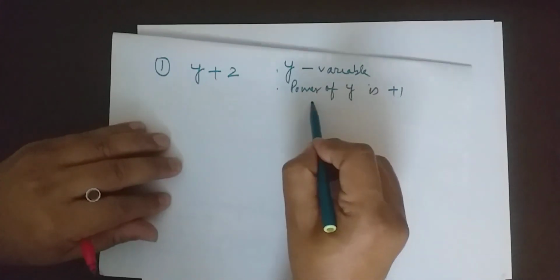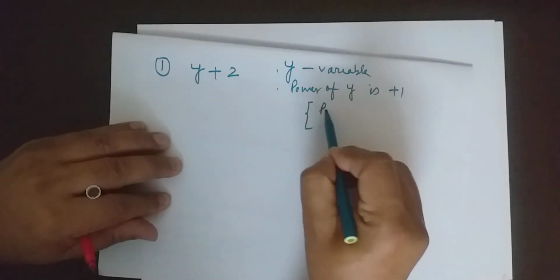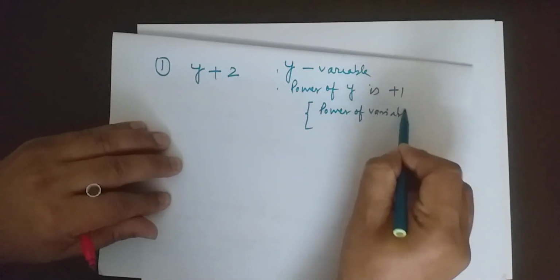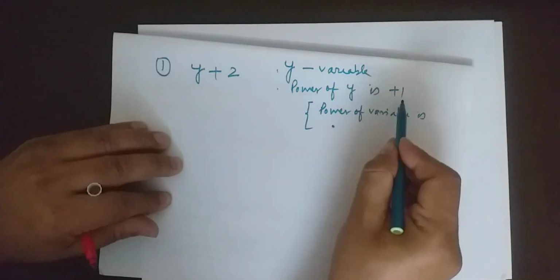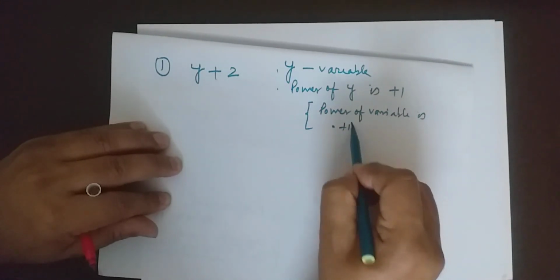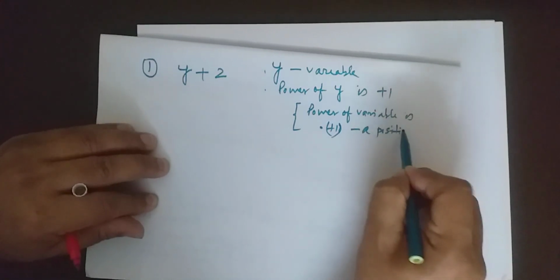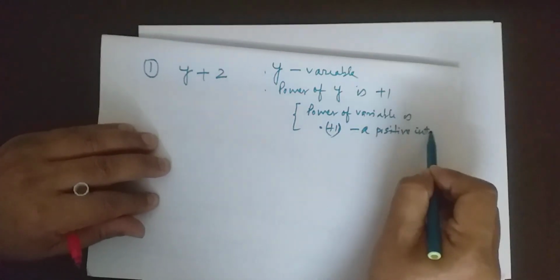Now what have we seen here? Power of variable is plus 1, which is nothing but a positive integer, right?